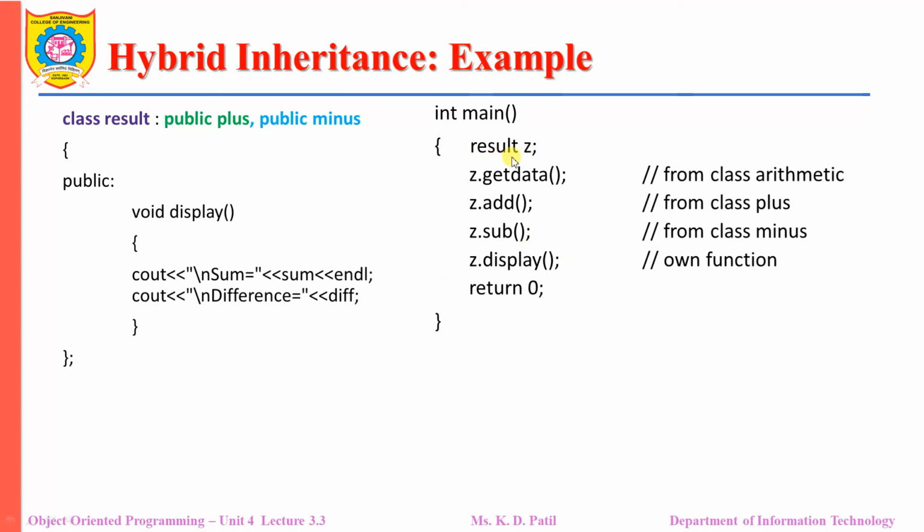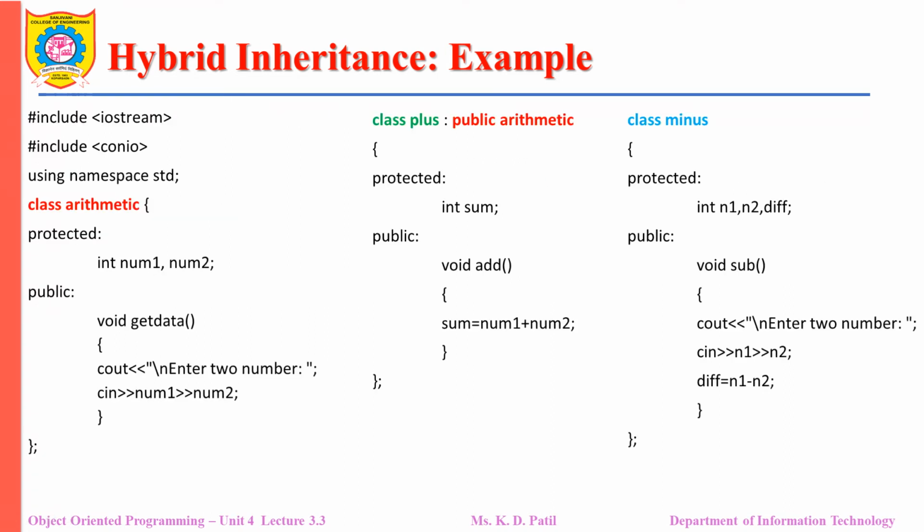Now here class result is my derived class, and I have created an object called z of that derived class result. Now that result class is going to call the get data function through the object created from that result class. This get data function is inherited from the class arithmetic.